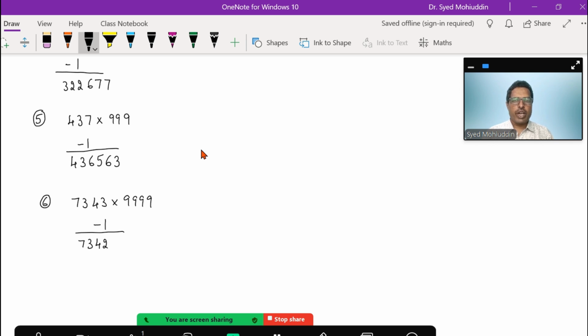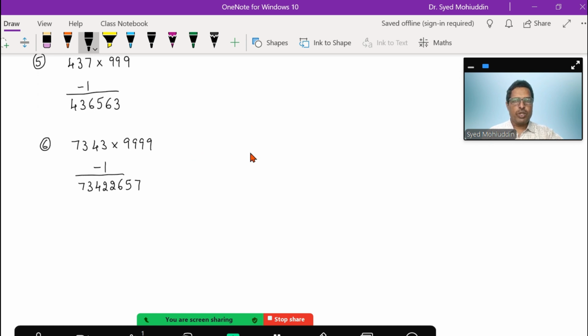Now try to subtract. 9 minus 7 is 2. 9 minus 3 is 6. 9 minus 4 is 5. 9 minus 2 is 7. That's the required solution. Is it very simple? If you try to use a normal multiplication, it takes a lot of time, but using this technique you can just solve it very quickly. So let us take another example.